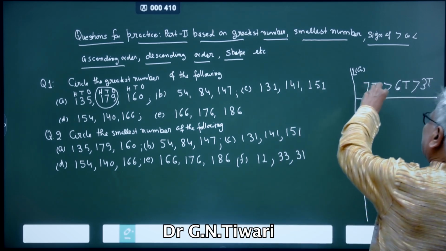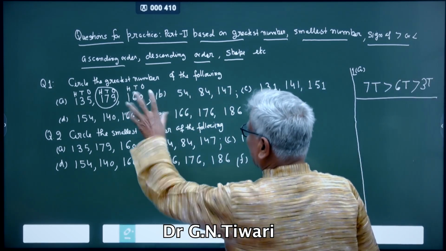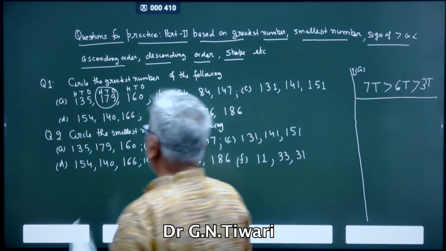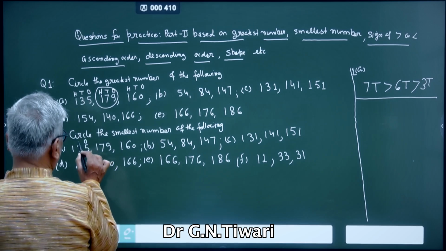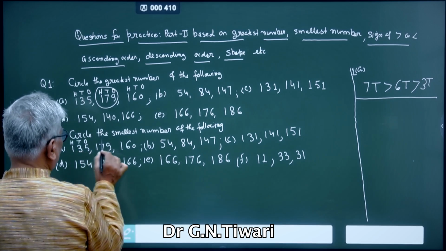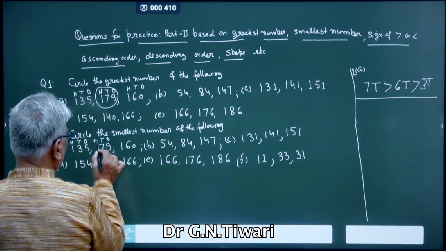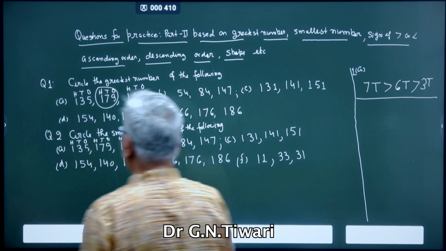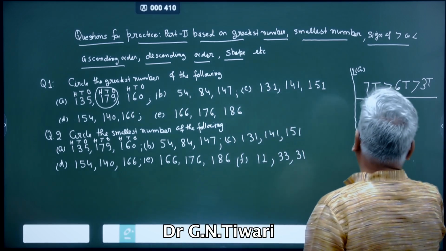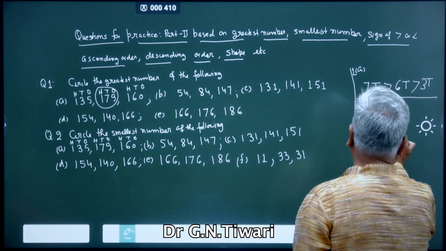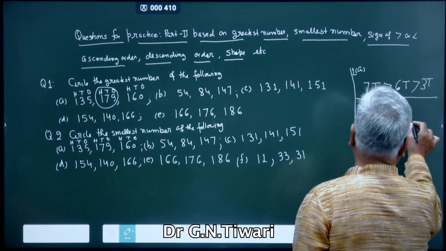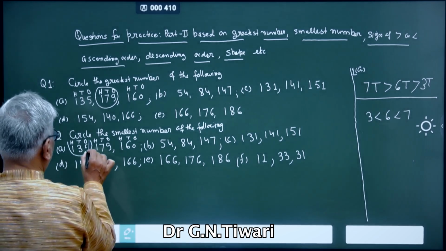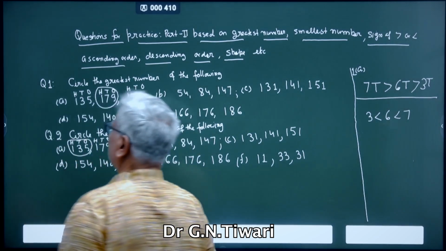So 7t is the largest one, the greatest one, and 3t is the lowest one. So here you can also make O T H, O T H, O T H. Here also at 100 all are 1, but just see 3 is less than 6 less than 7. So 131, this is the smallest one. Rest you do like this.